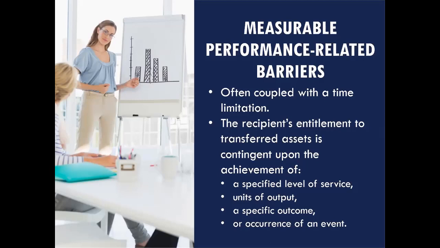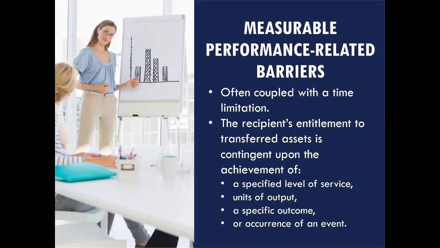The second one is units of output. An example of this might be a grant where, in order to meet those grant goals, the students need to obtain a minimum standard test score. Specific outcome. Most commonly, we see this where you have a matching contribution. For instance, maybe a community foundation is going to provide a $50,000 grant if the nonprofit organization can match that $50,000.